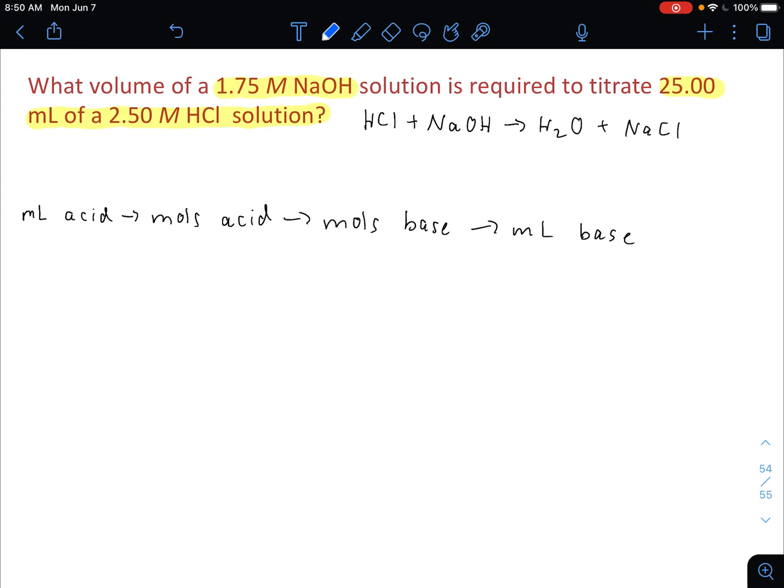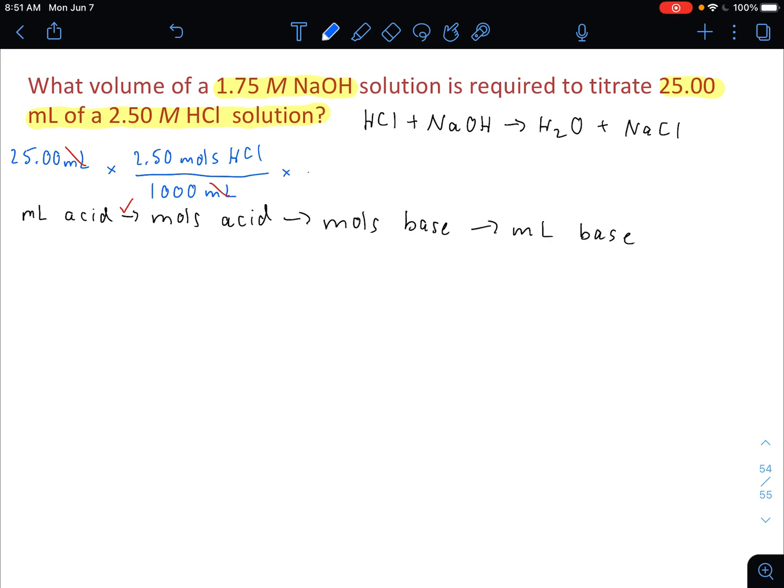I think I gave myself enough space. 25 milliliters times 2.50 moles HCl per 1,000 milliliters. So that gets us out of milliliters and into moles of acid. So that's our first step.